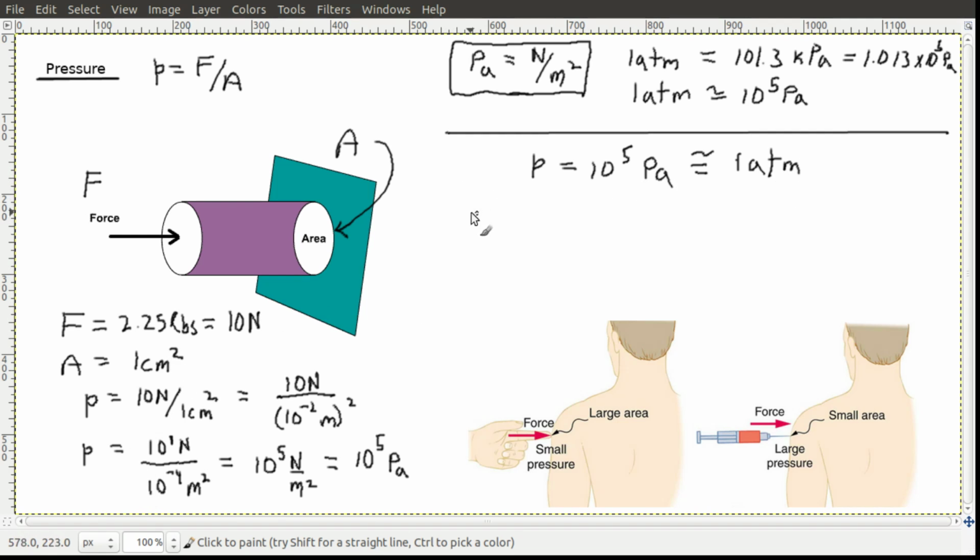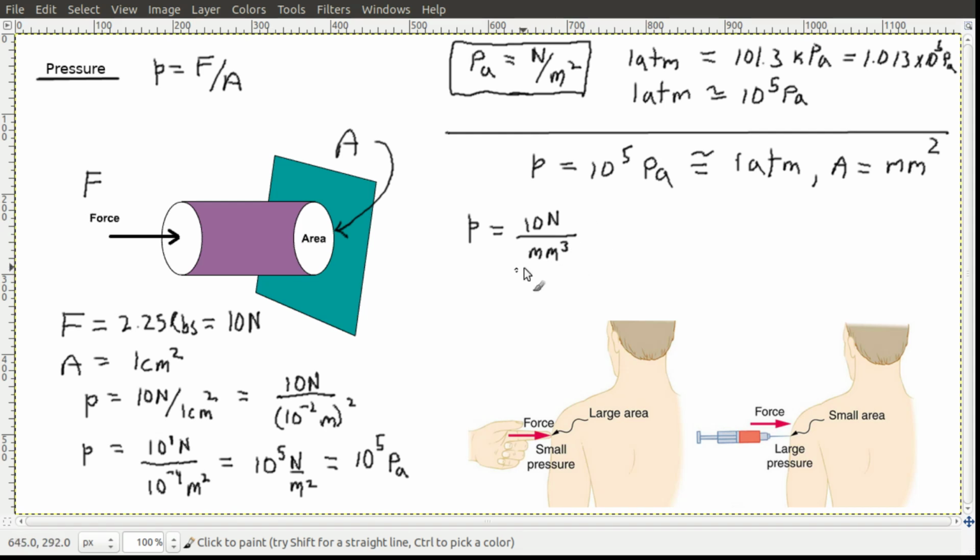So this was that example. Then let's try another example. The force stays the same, but let's try instead an area equal to a square millimeter. A millimeter is a tenth of a centimeter, or a thousandth of a meter. Let's see what our pressure is now. The pressure will be equal to 10 newtons divided by a millimeter squared.